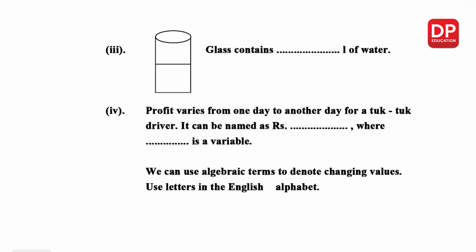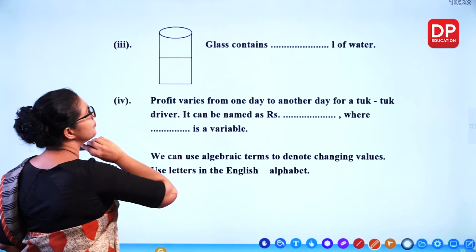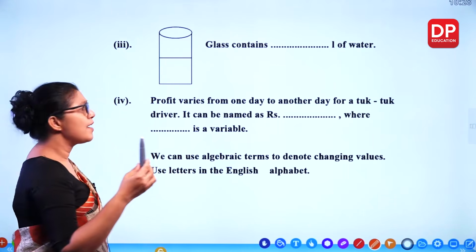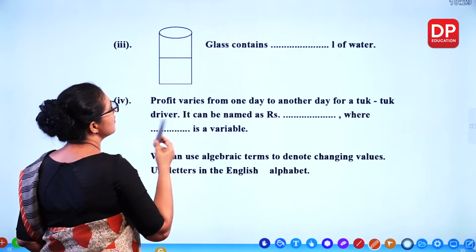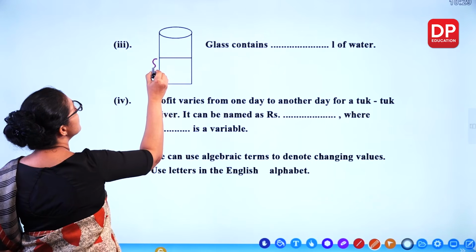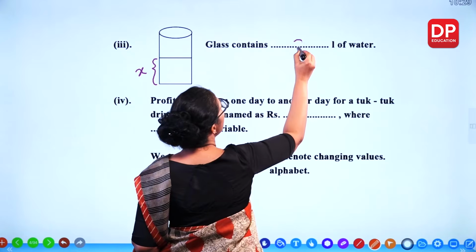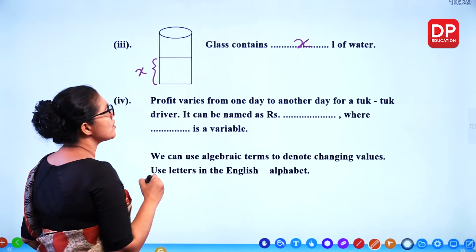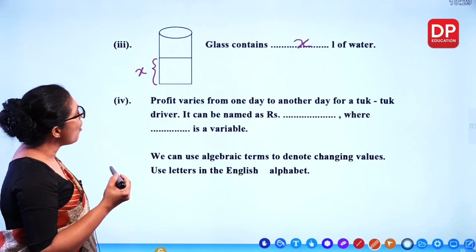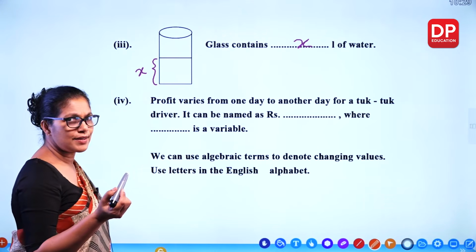Look at this glass container. It contains water. But can we identify the amount? We can't identify it, so we can take any letter. So we can take x liters of water. Profit varies from one day to another for a tuk-tuk driver.